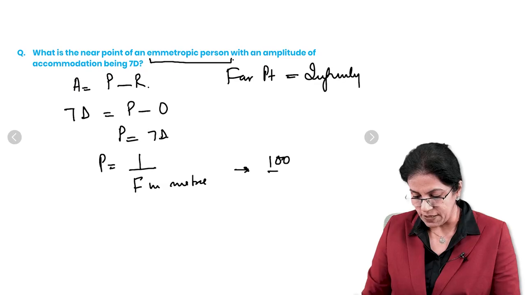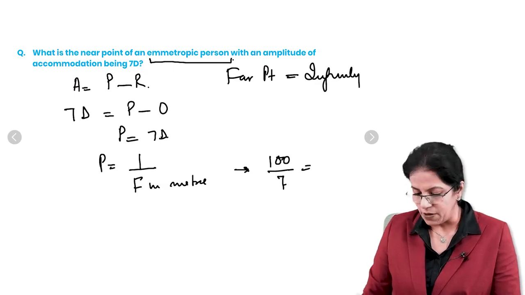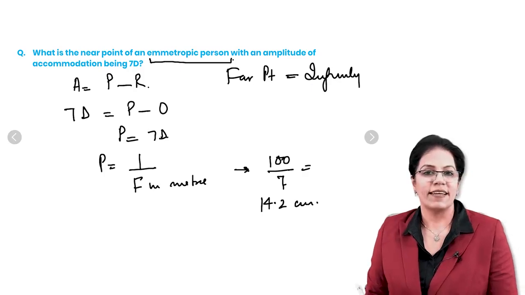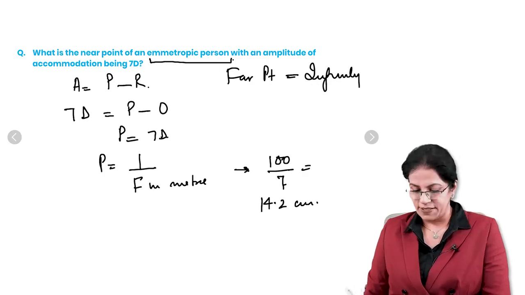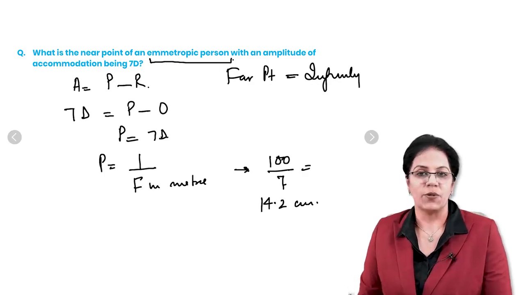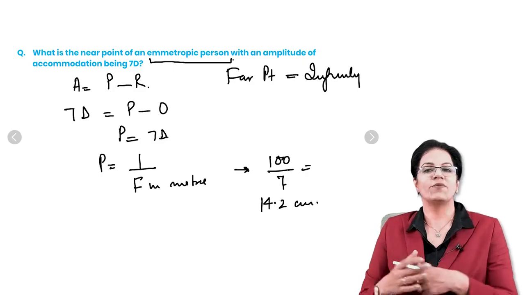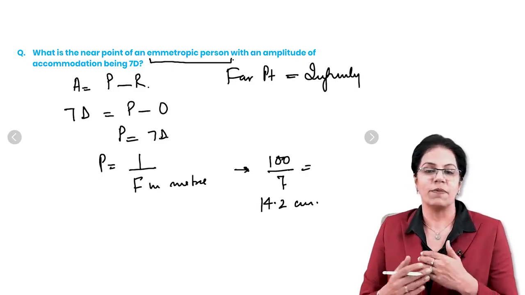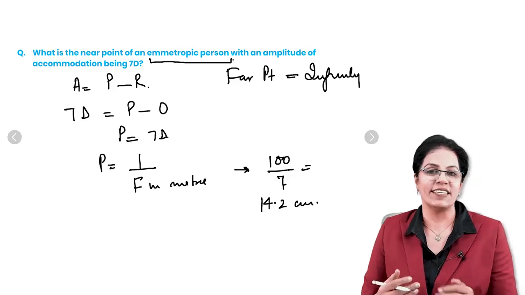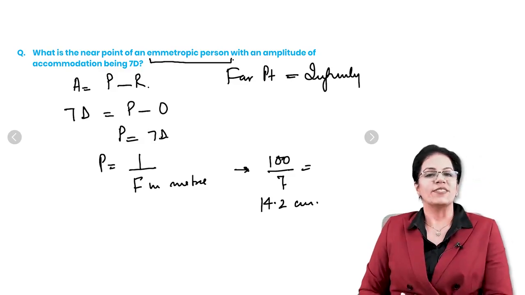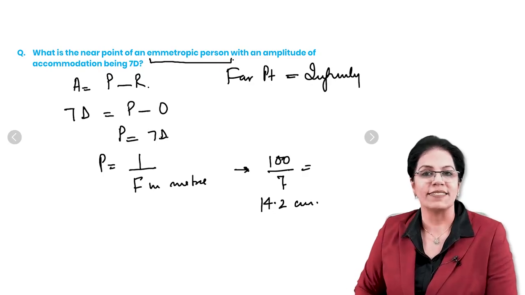It becomes 100 upon 7, which will be around 14.2 centimeters. Clear, all of you? So be very, very alert what the question is. Are they asking you the power or the distance, that is the near point or far point? This is how we are going to solve these questions.